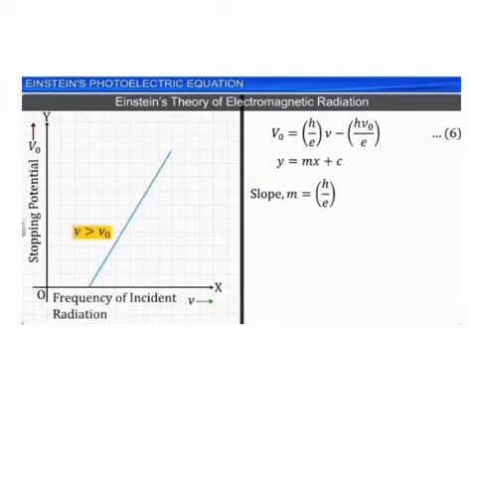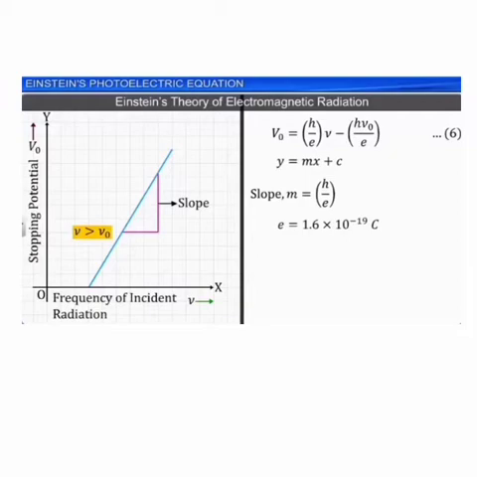Millikan performed the photoelectric effect experiment for a series of metals and found that the stopping potential V0 varied in a linear fashion with frequency. From the slope of the stopping potential V0 versus frequency nu graph, he determined the value of Planck's constant using the known value of charge on electron, which is equal to 1.6 into 10 power minus 19 Coulomb.